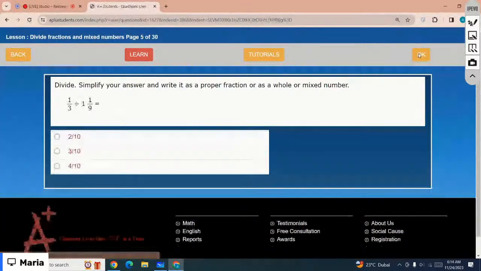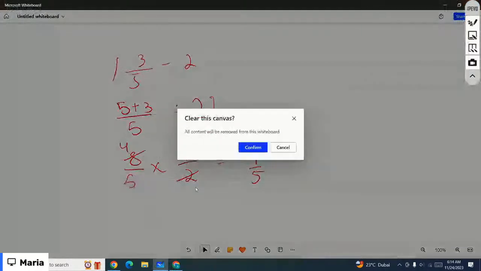Okay, the next one is 1 by 3 divided by 1 whole 1 over 9. So here you have 1 over 3. Convert this one. That would be 9 times 1 is 9 plus 1 over 9.